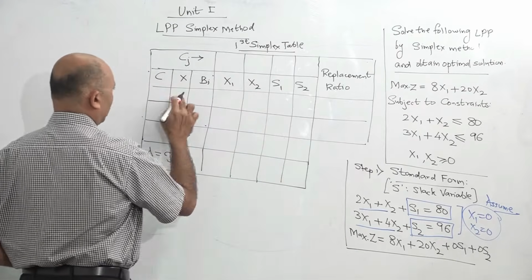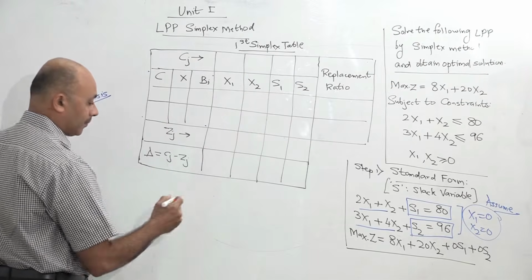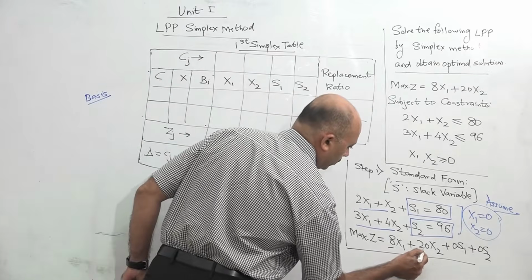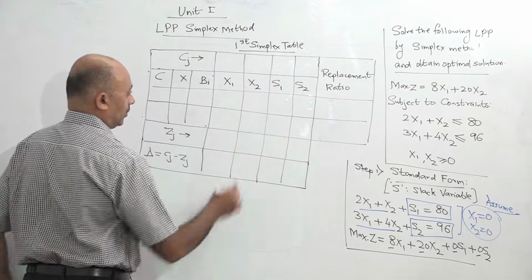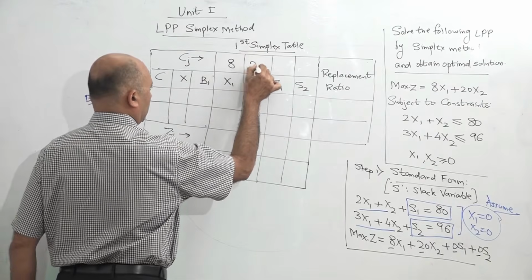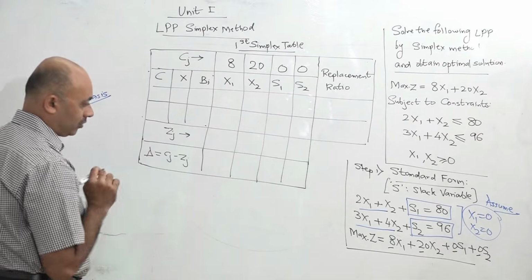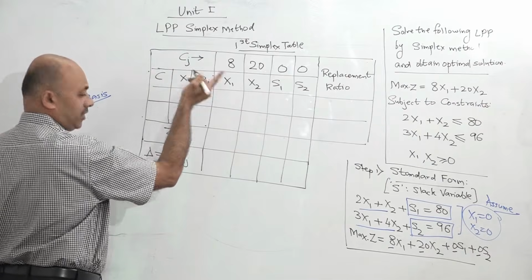Now C, X and B. C stands for coefficient of the objective function. If you see the objective function, the coefficients are 8x1, 20x2, 0s1, 0s2, so we will write them here: x1 8, x2 20, s1 0, s2 0. So C stands for coefficient. C or Cj, it is the same thing.